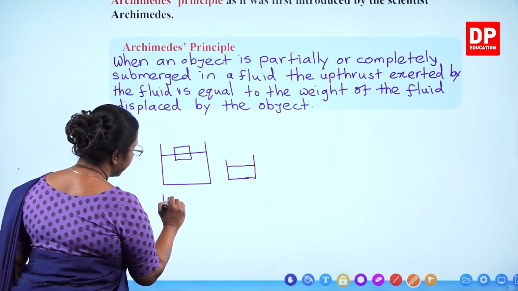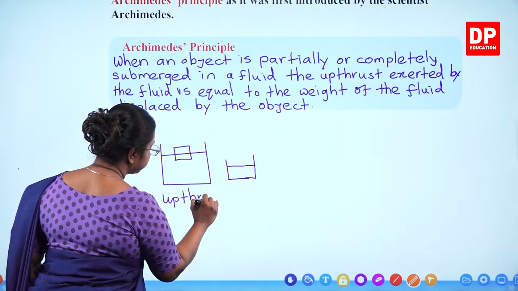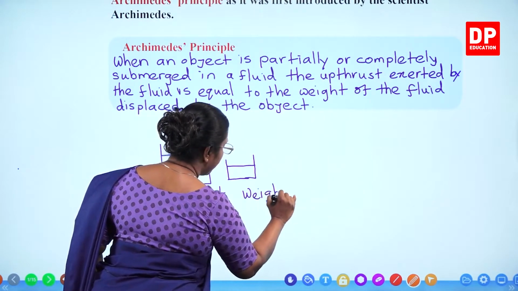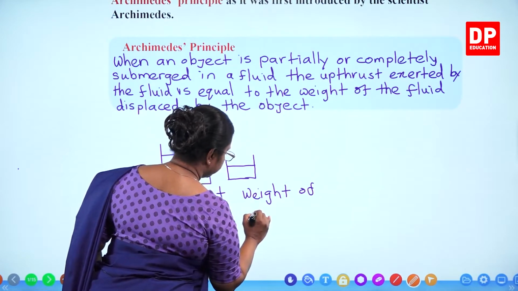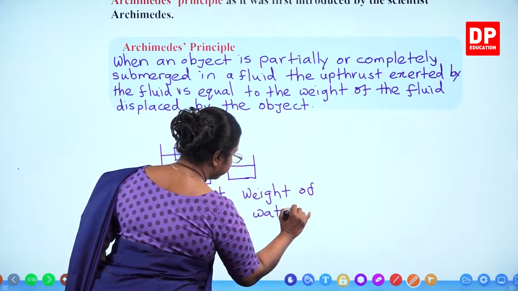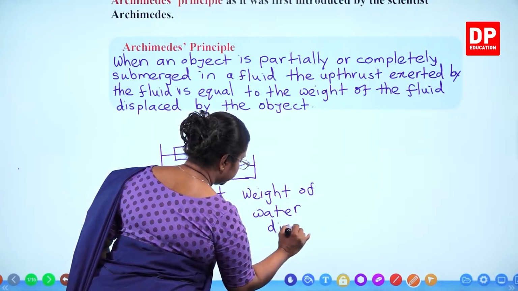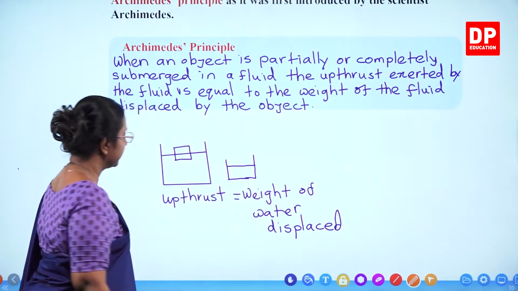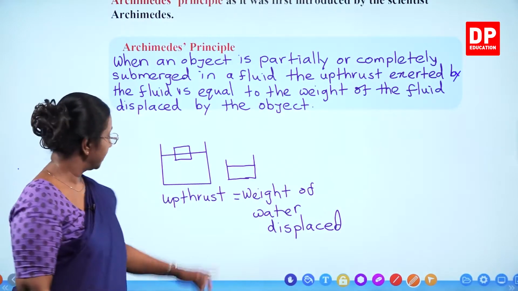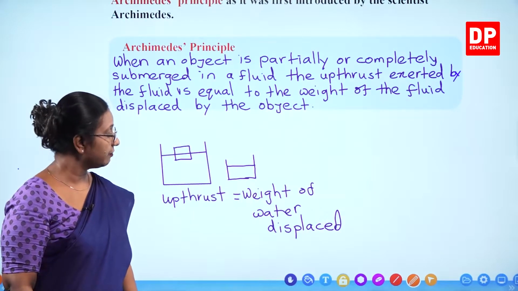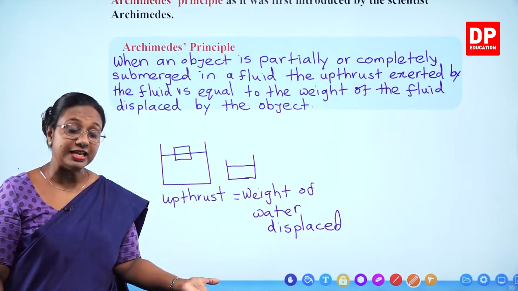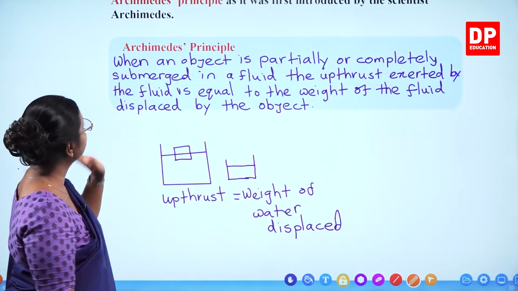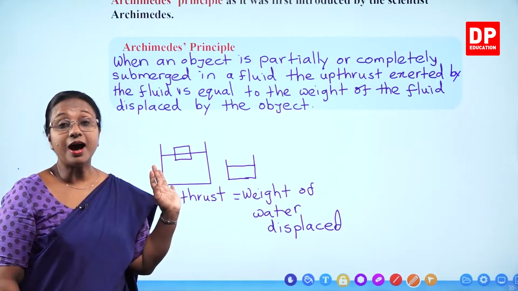So here upthrust, and here weight of water displaced. So that is how we look at the upthrust. Upthrust is equal to weight of water displaced, or if it is any fluid, weight of the fluid displaced by that object. And that is what we say as the Archimedes principle.